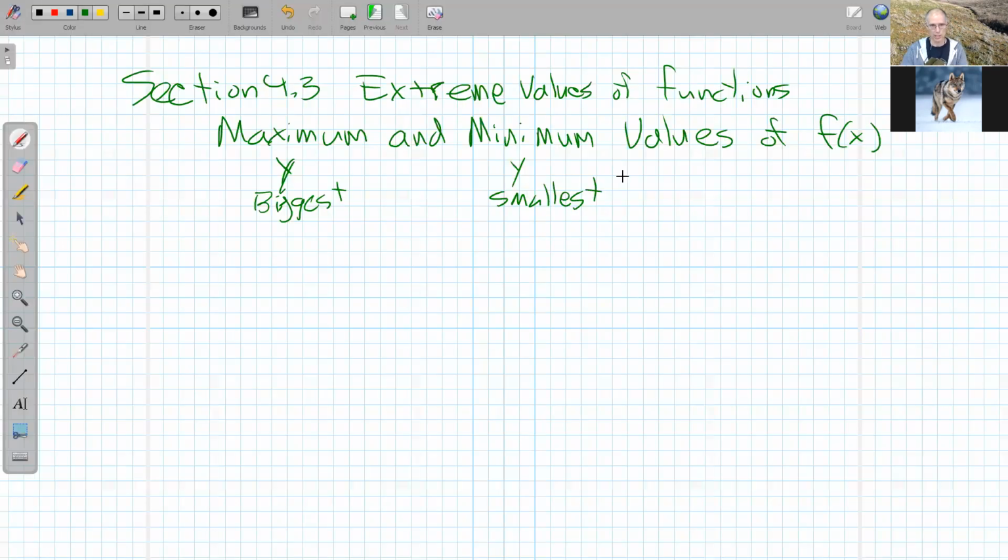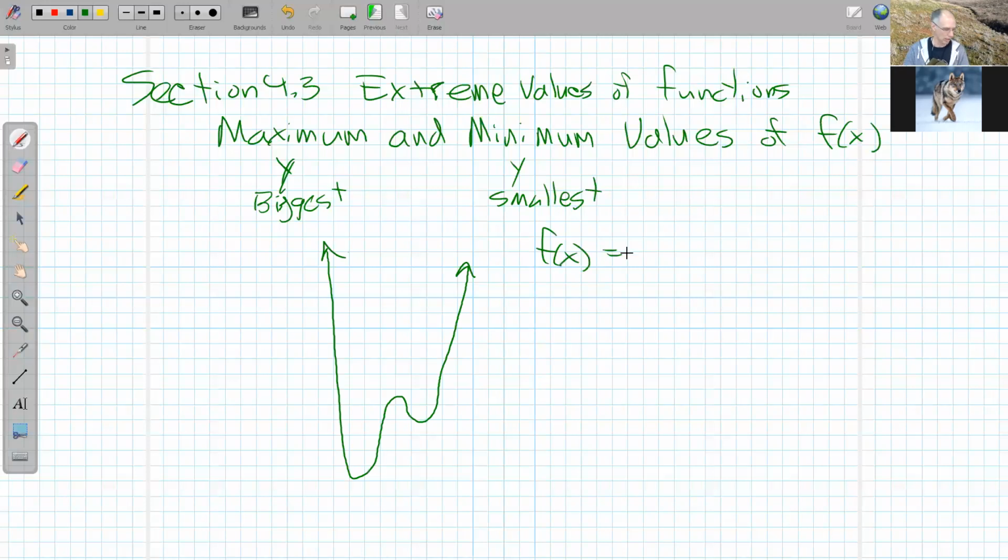If I use that function as my example, it drops down, comes back up, drops back down, comes back up. So this is my estimate there: f of x equals 3x to the 4th plus 4x cubed minus 12x squared plus 2.